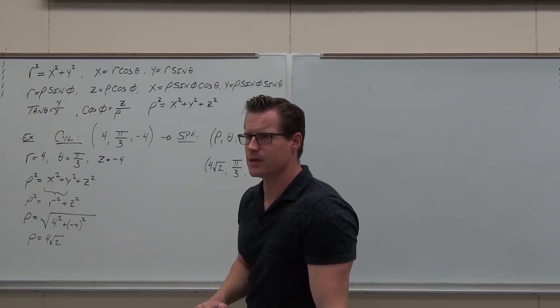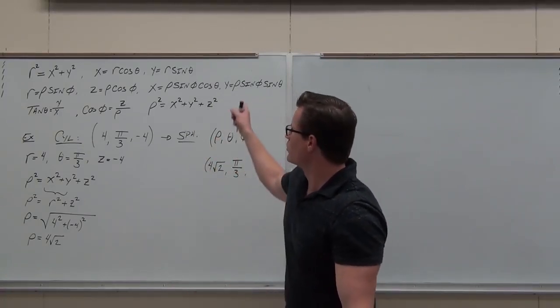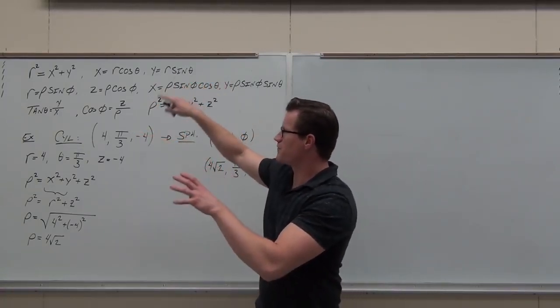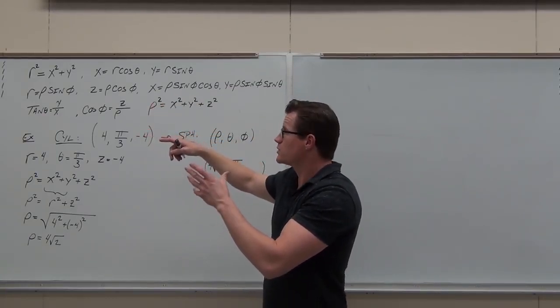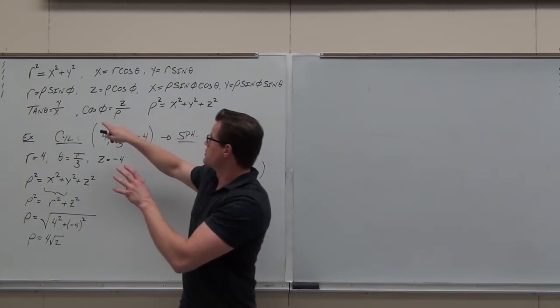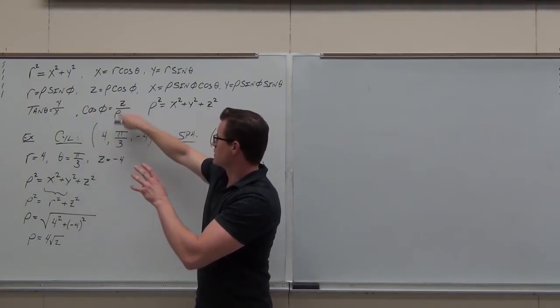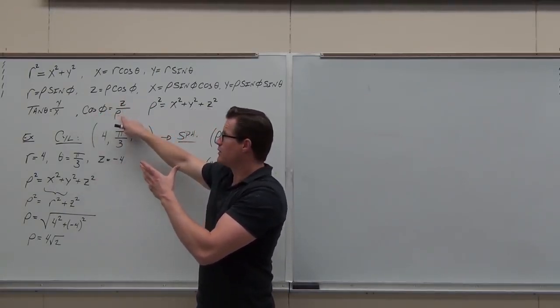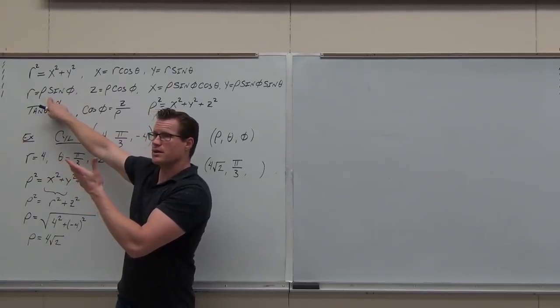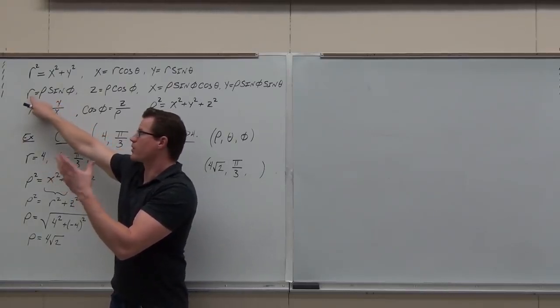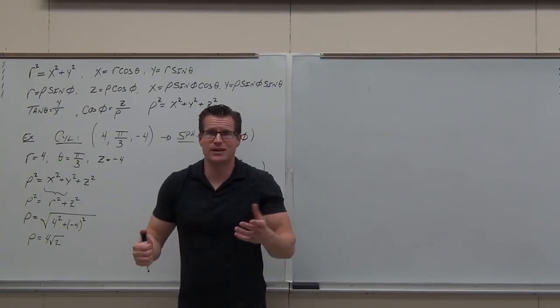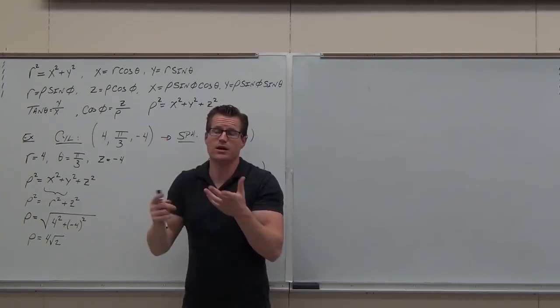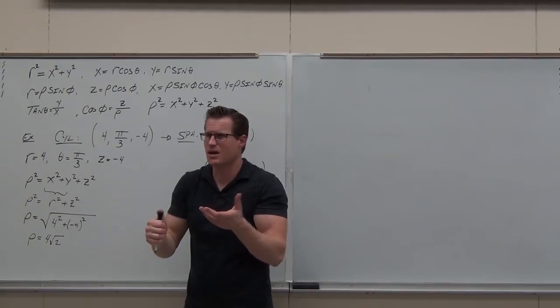Now, what about the phi? There's really only one thing up here that deals with phi and being able to solve for it. Well, 2 things. You could do cosine phi equals z over rho, which is the one I prefer. You could also do sine of phi equals r over rho. Since you're given r, either one is going to work just fine. It's just the other way of looking at that right triangle that we already talked about. Does that make sense to you? Pick one.